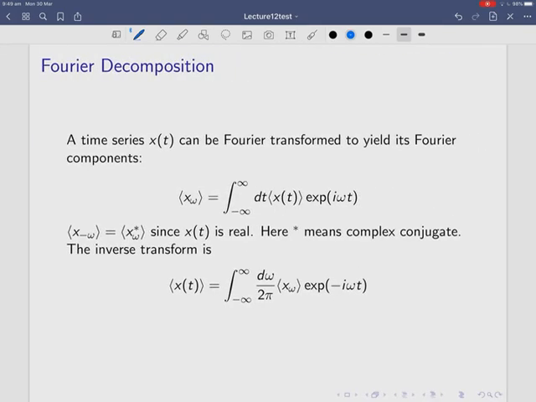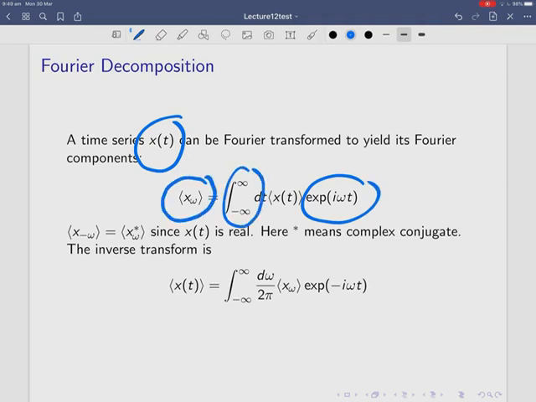All right, so the Fourier decomposition. Now you already know about this. Fourier transforms. If you have a time series x of t, you can write the Fourier transform of that by multiplying by e to the i omega t and integrating from minus infinity to infinity, and you get the Fourier transform of the average.